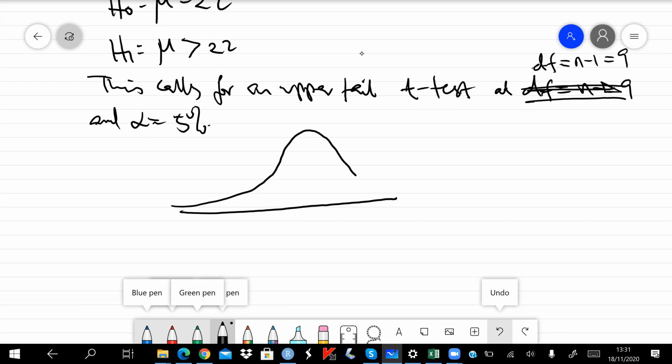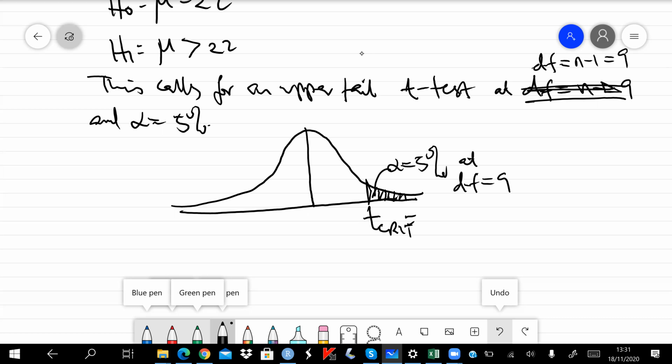This is an upper tail test, so we shall have the entire critical region here. So this will be alpha is 5% at degrees of freedom is equal to 9. So we need to get this t crit, and we shall obtain that from the t distribution tables.